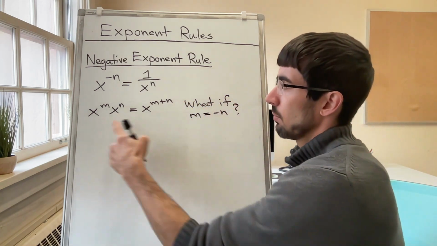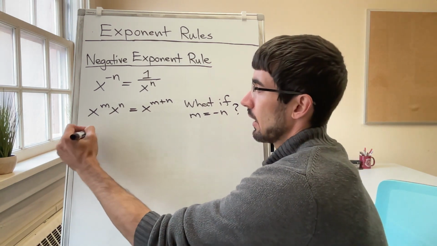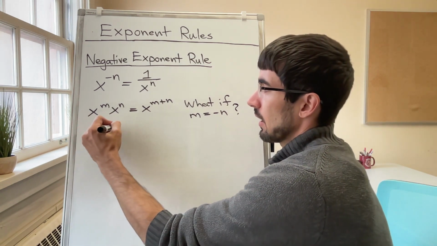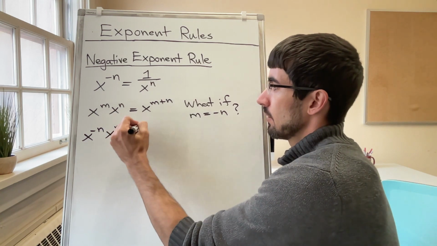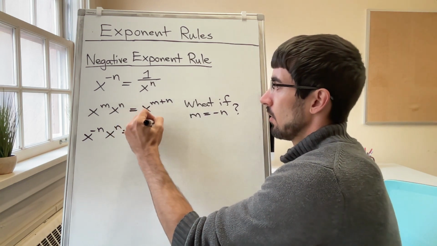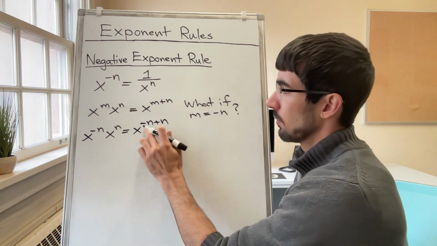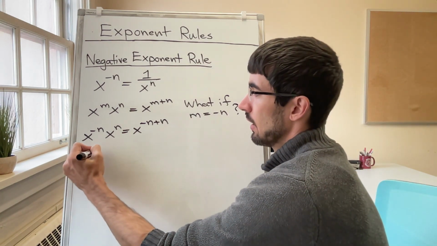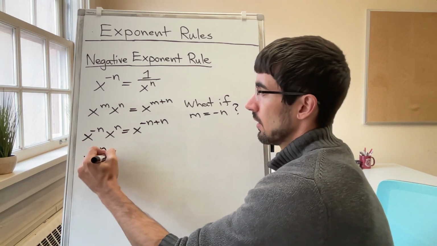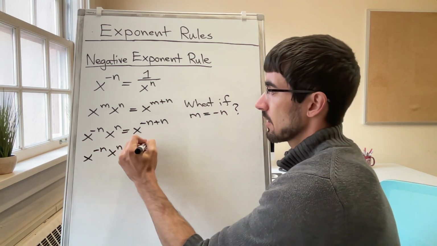What if I make that replacement over here? Let's see what we get. x^(-n) times x^n equals x^(-n+n). Or, as I combine these together on the right side, I have x^(-n) times x^n equals x^0.